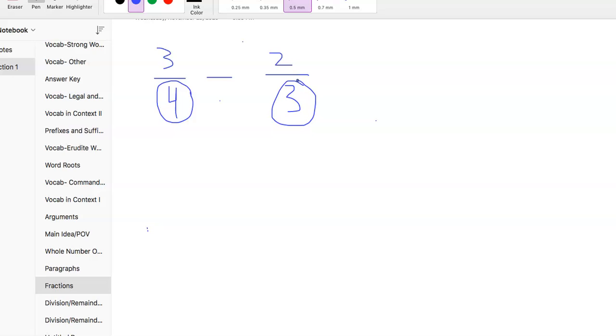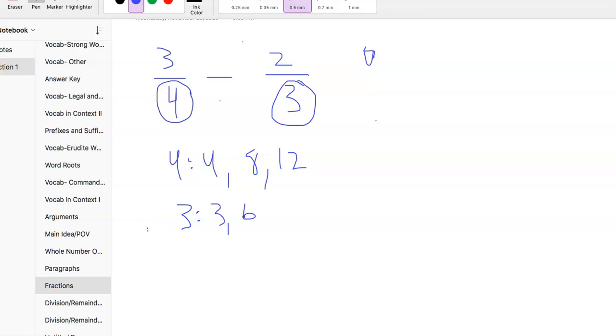As far as multiples of 4, I'll put it down here. Multiples of 4: we've got 4, 8, 12. We'll stop there for now. Multiples of 3: we need to find one where 3 and 4 come up with the same number.